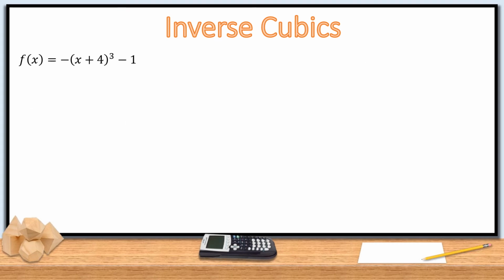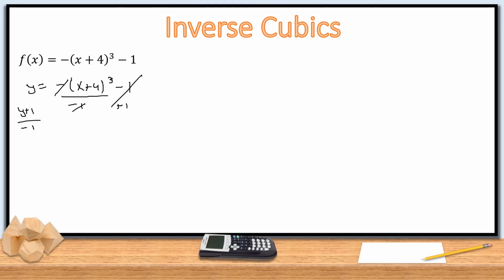All right, let's do a longer cubic, so that a(x minus h) plus k scenario. So we've got y equals minus (x plus 4) cubed minus 1. Add 1 to both sides. And then let's divide by -1. That'll cause that negative to cancel out. You could also multiply by -1, but either one works here.